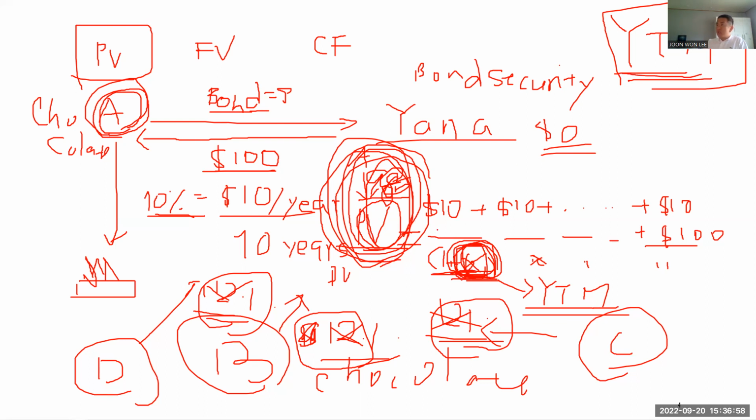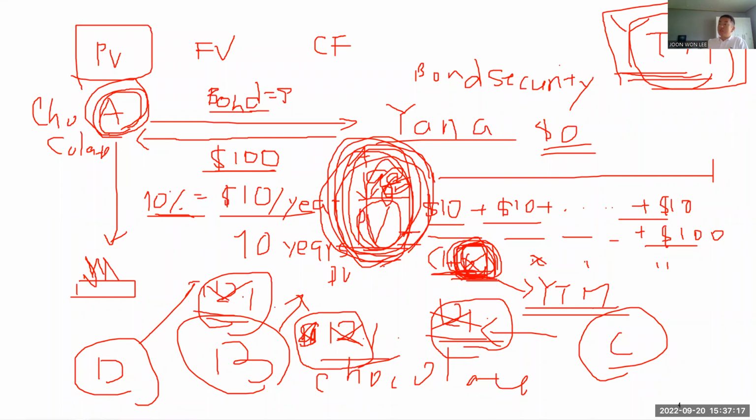Yield to maturity is that we have these cash flows up to the maturity, right? And if you discount them at this rate, then you're going to get the market price of this bond.